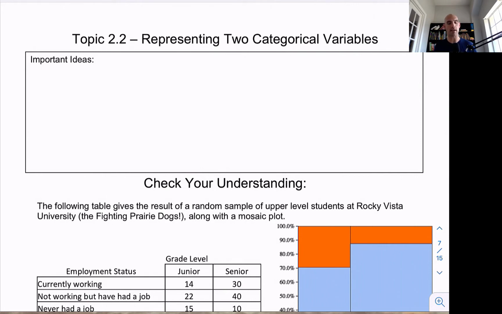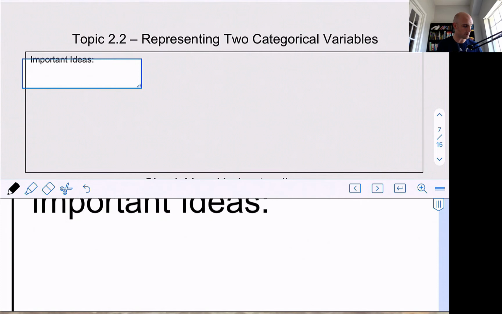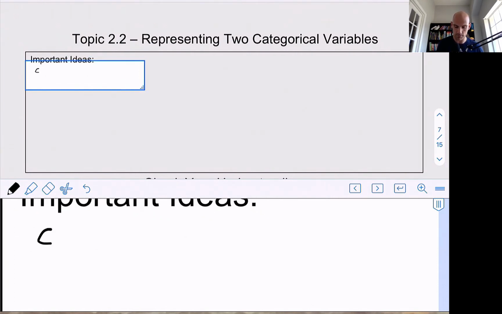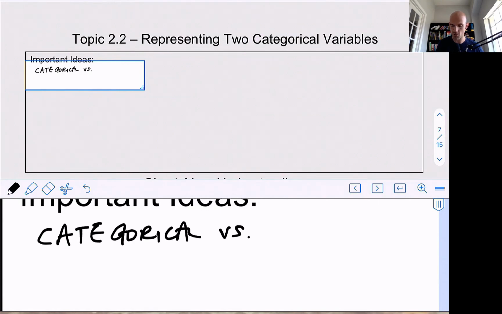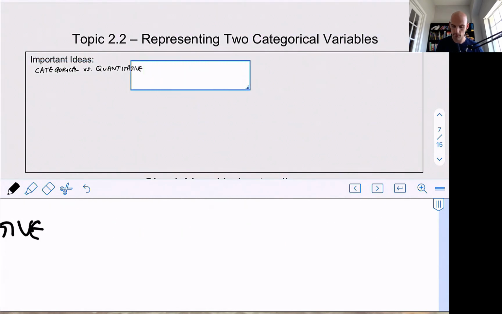Today we talked a little bit about categorical data, and we're going to start to talk about quantitative data now as well. So let's outline a couple of things here. Categorical versus quantitative data.